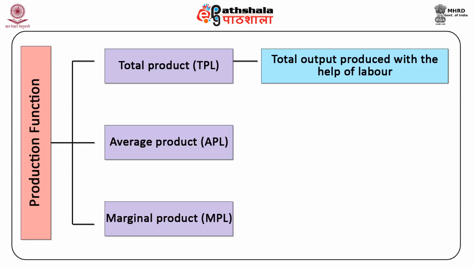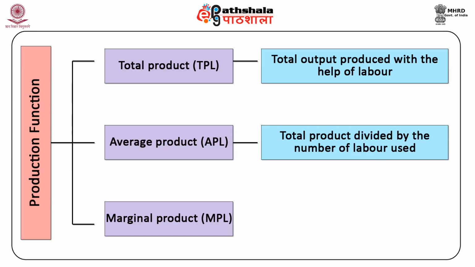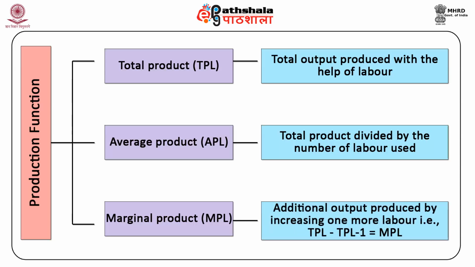Second, average product or APL is defined as total product divided by the number of labor used in the production process. Third, marginal product or MPL is defined as the additional output produced by employing one more labor.